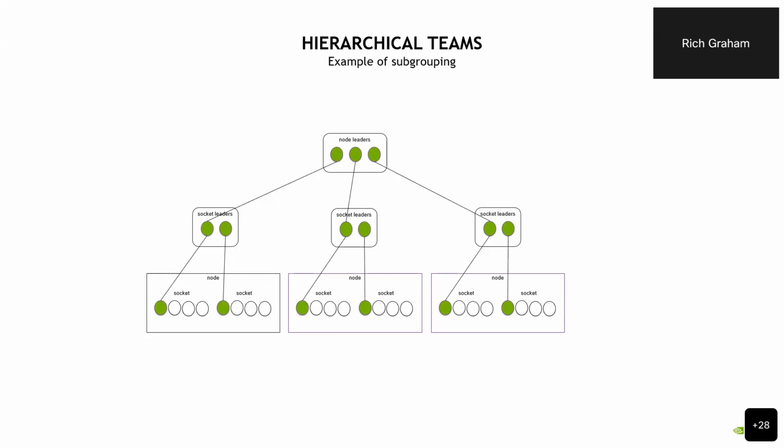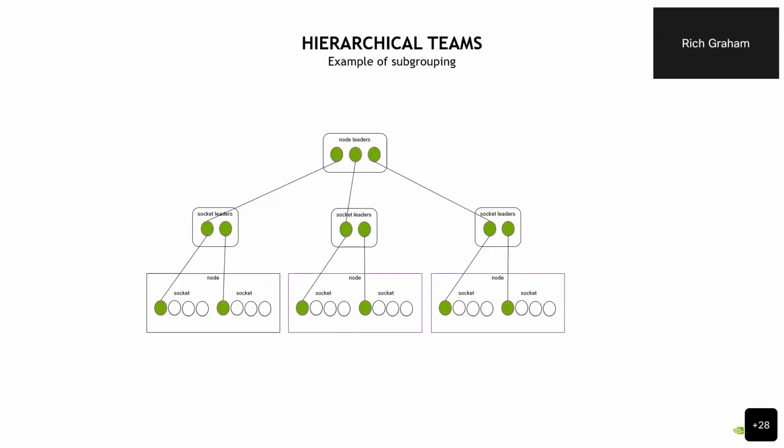And here's one form of hierarchy that you could potentially build, where at the lowest level you group things based on their socket locality, and so you take one of the endpoints on a given socket, the ones that are marked in green, and create a subgroup with one representative for that subgroup in the next level of the hierarchy.